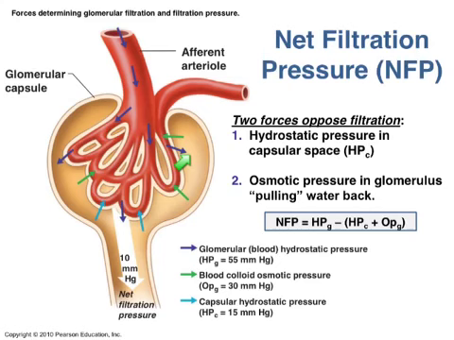And there are two forces that oppose this hydrostatic pressure, two forces that tend to keep fluid in the glomerular capillaries. The first is hydrostatic pressure in the capsular space. There is a low amount of capsular hydrostatic pressure, significantly lower than the hydrostatic pressure of the glomerulus itself.